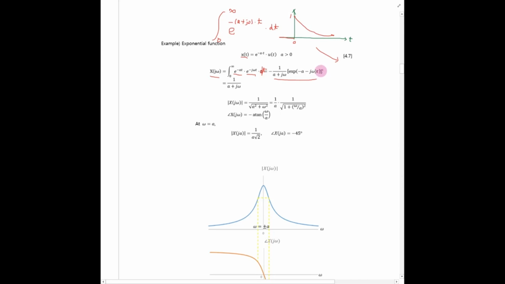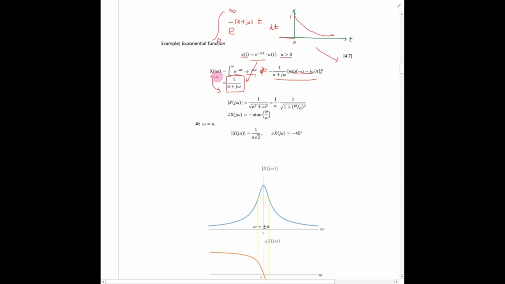When we take infinity, because a is positive, it should be 0. And in the case of t equals 0, this becomes 1. That's why it becomes this value. So the Fourier transform of this exponential function is given by 1 over (a plus j omega).